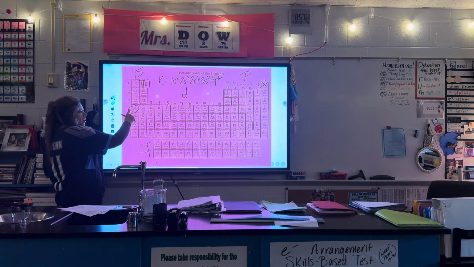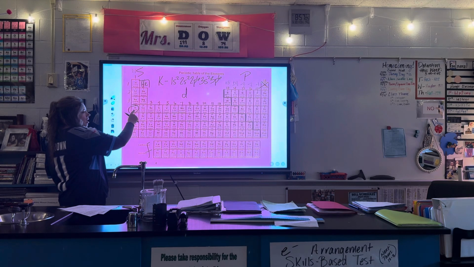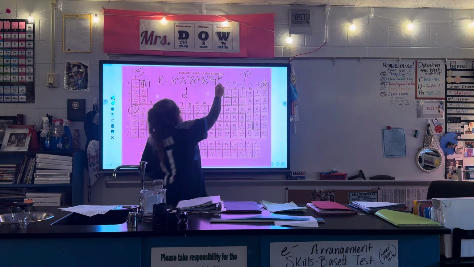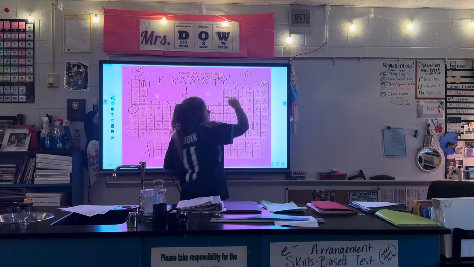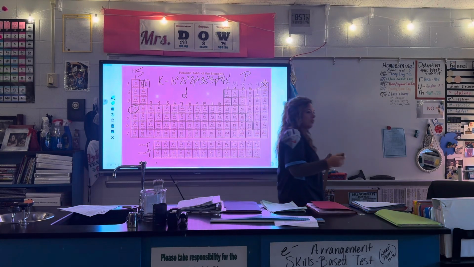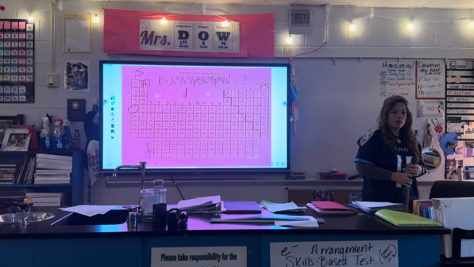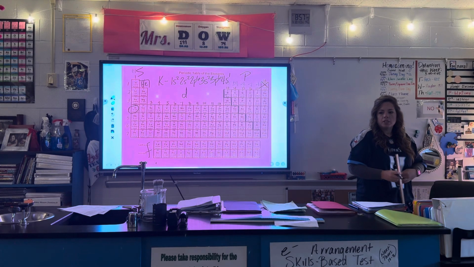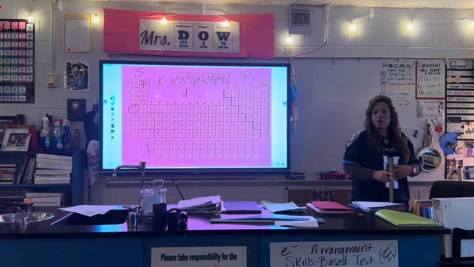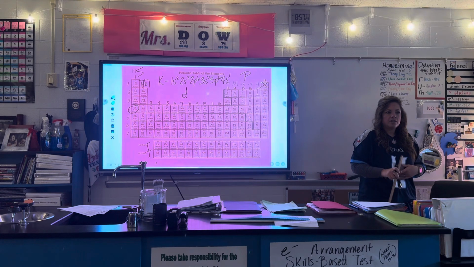What row are we on? 4. What block? Oh, S, my bad. And how many do we have to count to get to potassium? 1. So 4s1. The electron configuration for potassium: 1s squared, 2s squared, 2p to the 6, 3s squared, 3p to the 6, 4s to the 1.